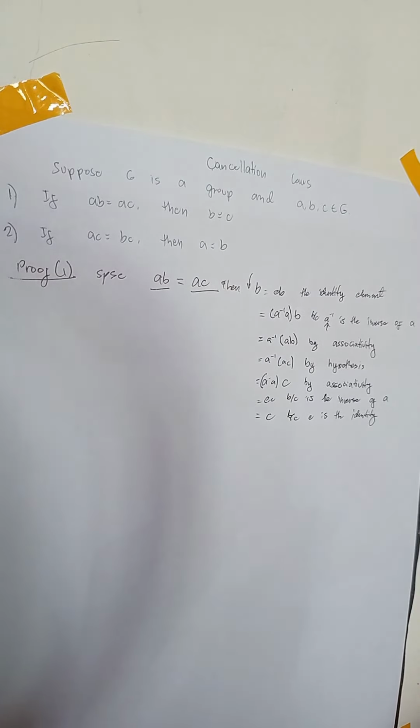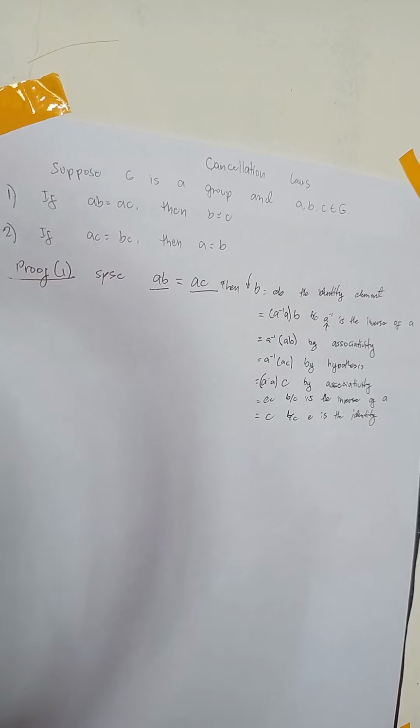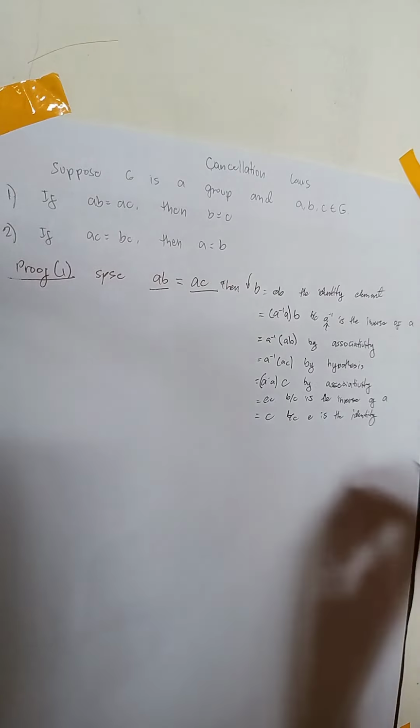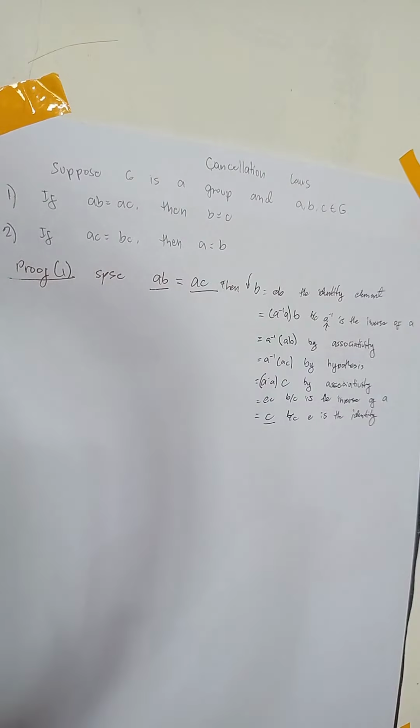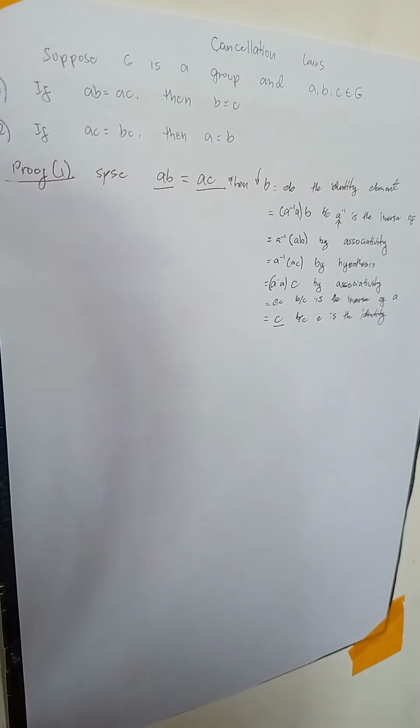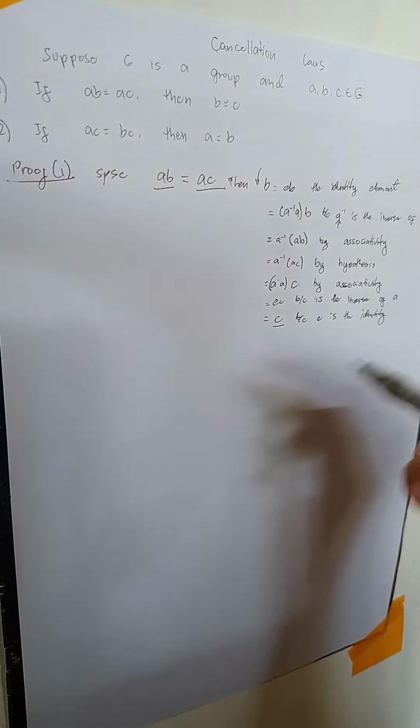So we justified every single step, and in your mind, you should at least know what's going on in every step. So we showed that B is equal to C. That proves 1.